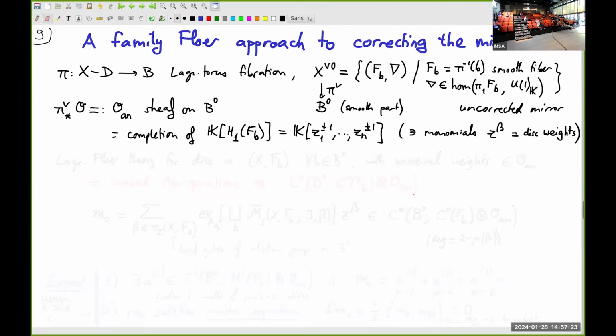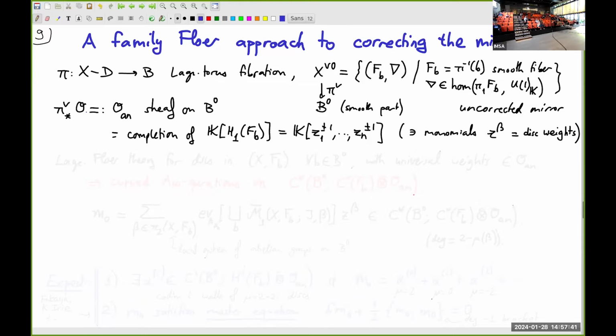So the first thing I need to say is what kinds of coefficients we will do Floer theory in. For a single Lagrangian, I was doing Floer theory with coefficients in the Novikov field, and I had elements of that Novikov field that were the weights of certain holomorphic disks.